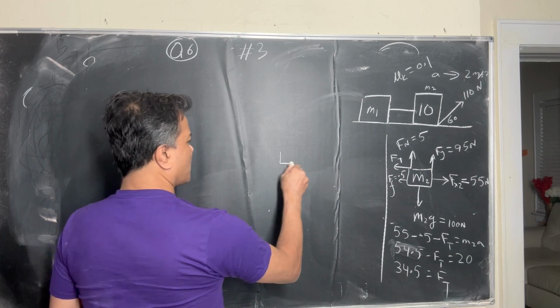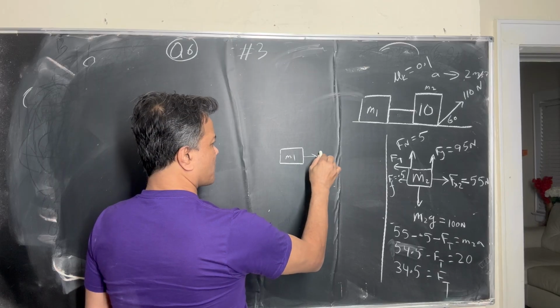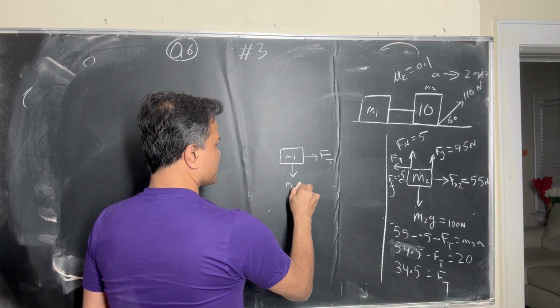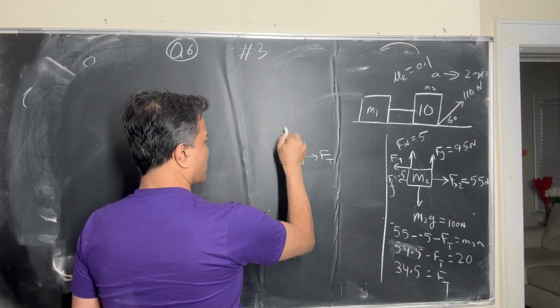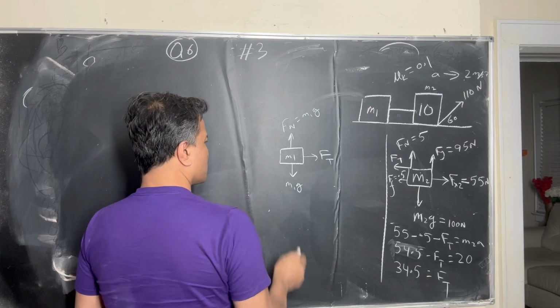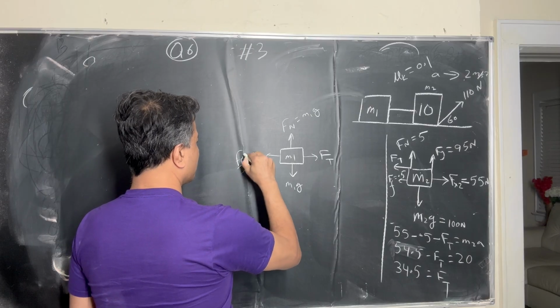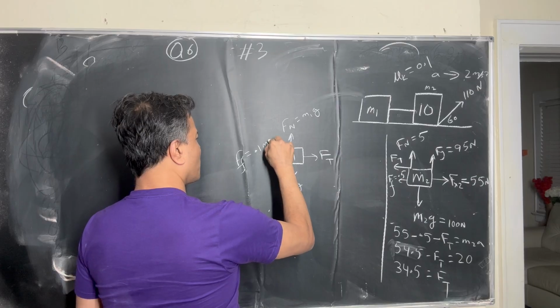Now box 1, don't have it. So this is our Ft. This is our m1g, which we don't know what it is. This is our Fn, which is m1g. This is our Ff, which is mu k, which is 0.1 m1g.